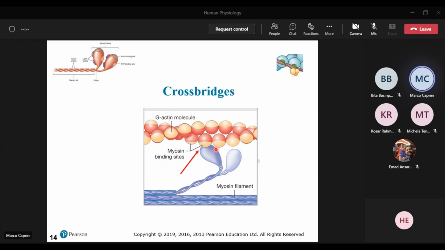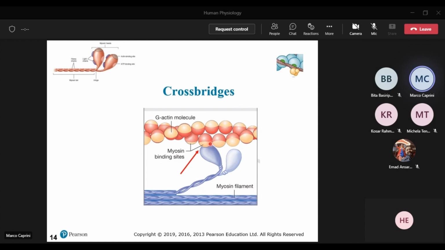Most of the time, the parallel thick and thin filaments of the myofibrils are connected by these cross bridges that span the space between the filaments. But not all the space is occupied by both filaments, as we said yesterday.